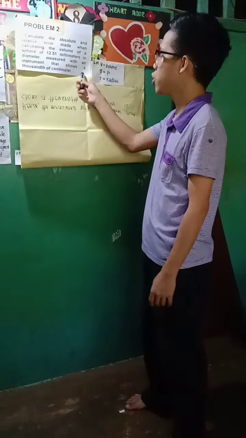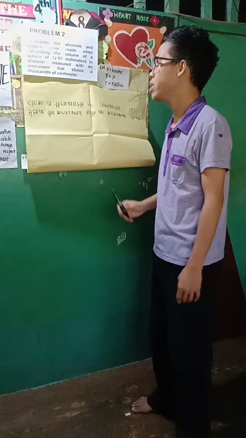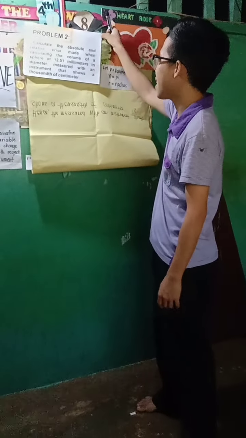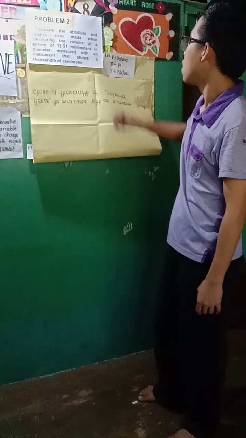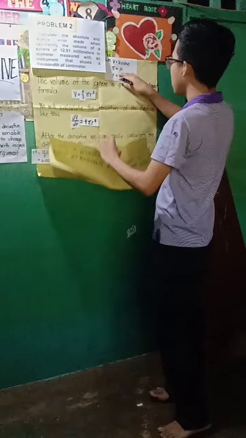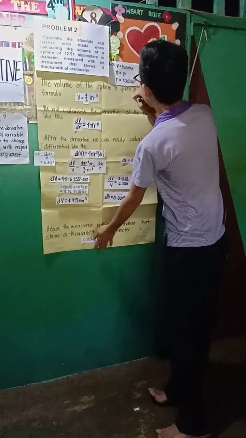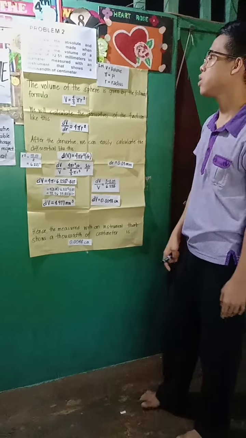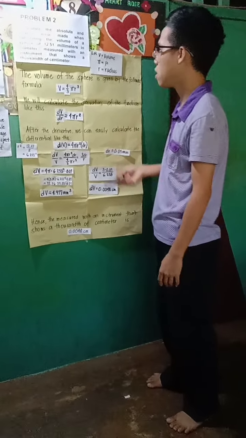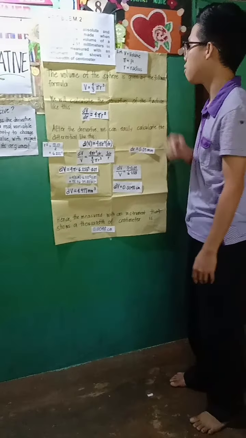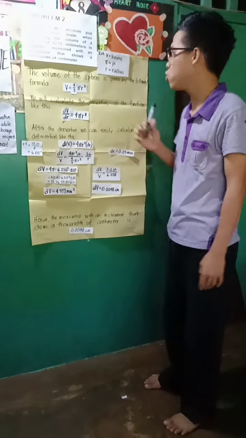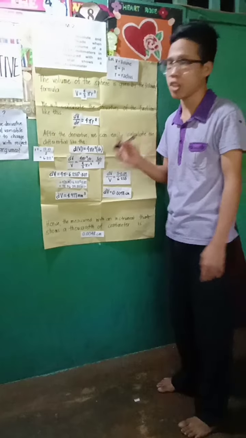So for this question, we should find the error from a thousandth of a centimeter being measured with an instrument. Let V be the volume, pi, and r the radius. So the solution: the volume of a sphere is given by the same formula as in problem number 1, V equals 4 divided by 3 pi r cubed.